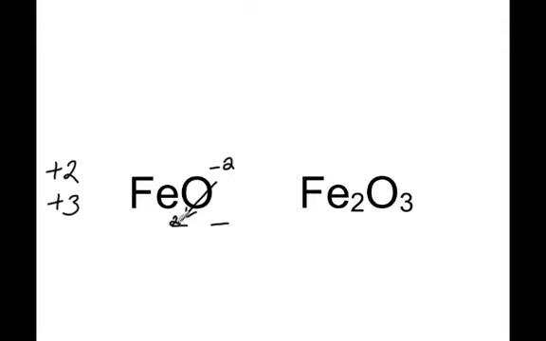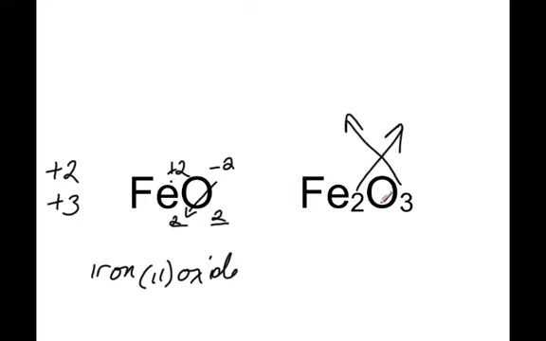And since it wasn't written and this one wasn't written, it implies they were actually the same subscript, which means this was iron +2. So this would actually be iron 2 oxide. If I was to undo this crossover, it's a bit cleaner. It implies that the iron was +3 and that the oxygen was -2. So here I would have iron 3 oxide.